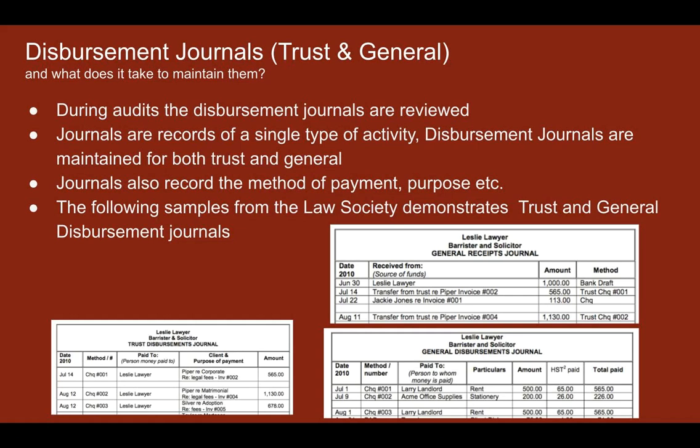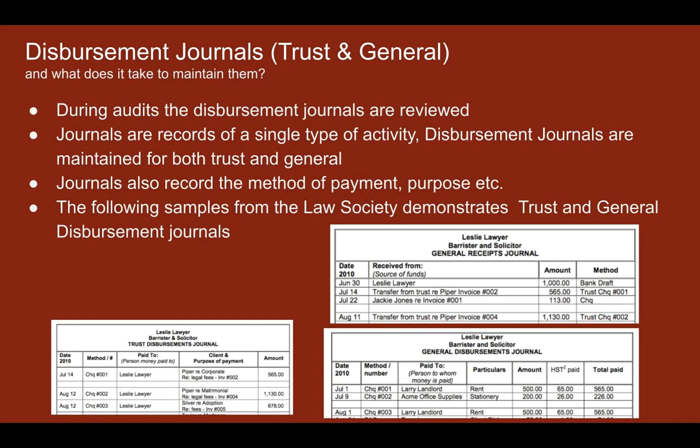These journals are mostly reviewed at the time of audits, as they capture most of the data as to the source of funds, the method of payment, date and amount, as you exactly see here on your journal example at the bottom of this page.